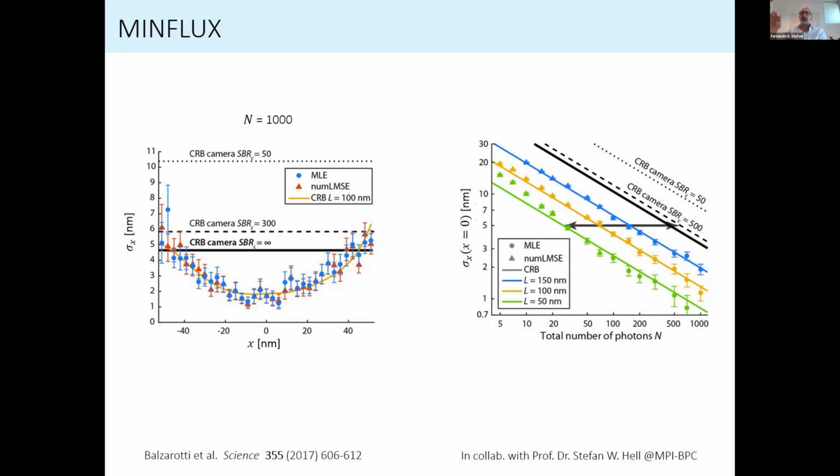So for a given photon budget, you can become increasingly better in the localization by making the field of view smaller and smaller.